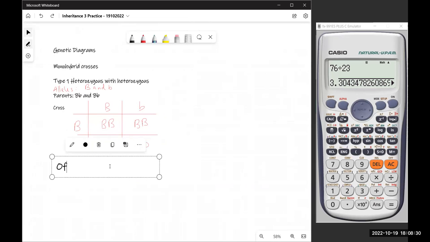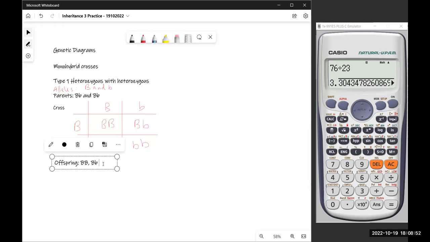Now, offspring, I'm giving you all the types of diagrams which are possible. There are three types of diagrams possible. Offspring are capital B capital B, capital B small b, and small b small b.